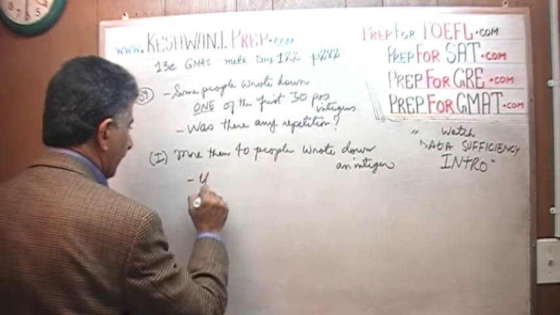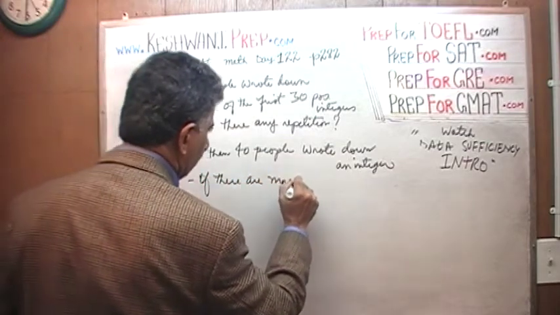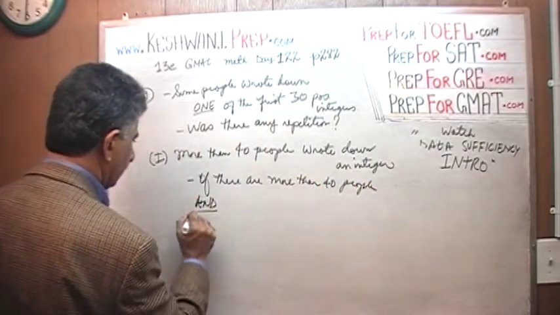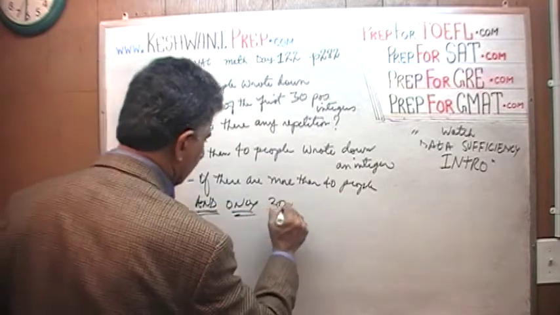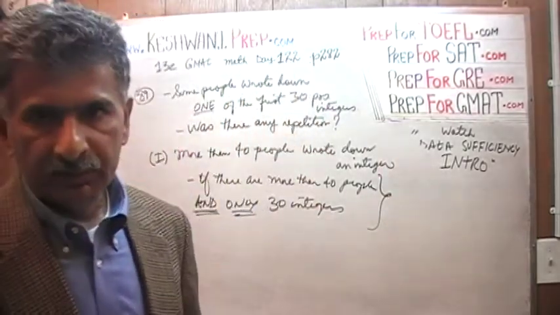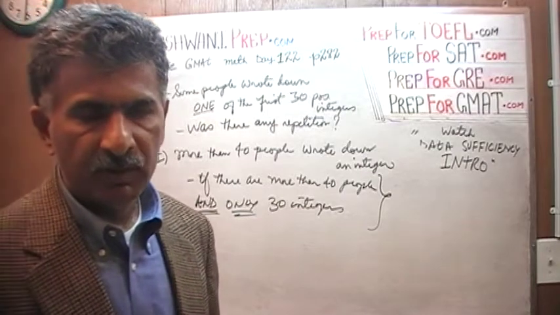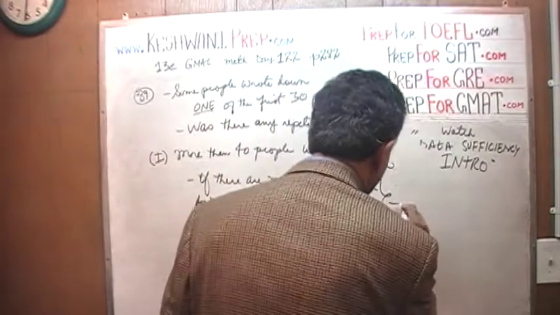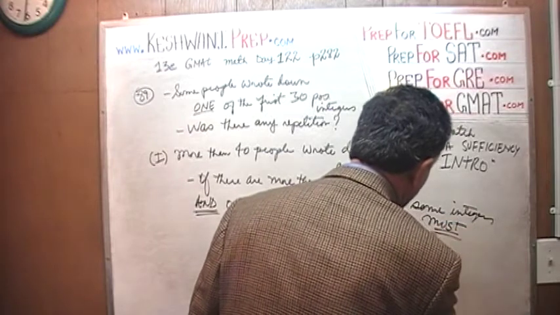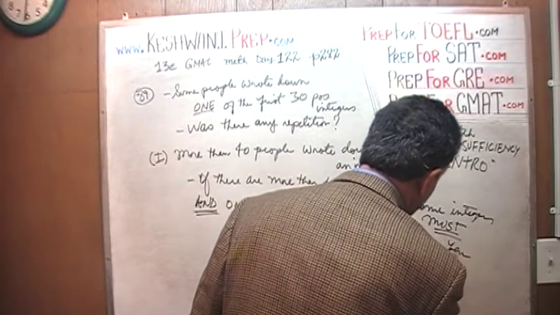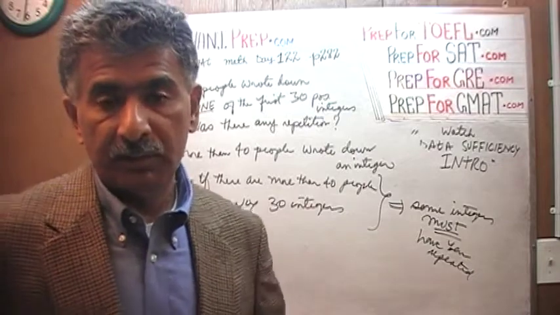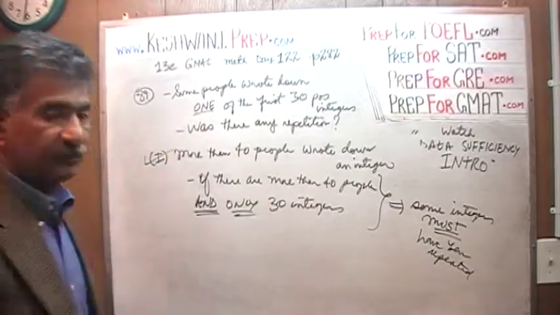If there are more than 40 people and only 30 integers, of course it's logical to conclude that some integers must have been repeated, obviously, because there are 40 people each writing an integer from 1 to 30 and there are only 30 integers. This is too silly. The first statement by itself does the job.